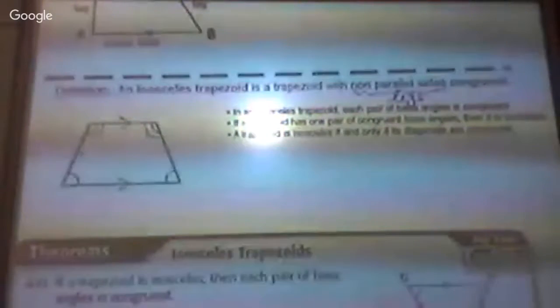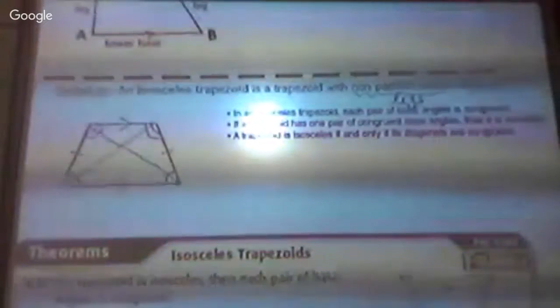All right, next one. If a trapezoid has one pair of congruent base angles, then it's isosceles, so it works backwards. A trapezoid is isosceles if and only if its diagonals are congruent. So also, if we draw the diagonals from one corner to the opposite corner, those two are equal as well. That makes sense.